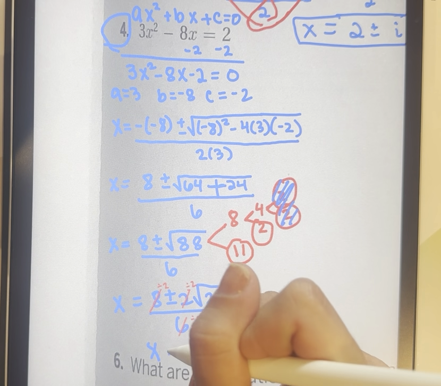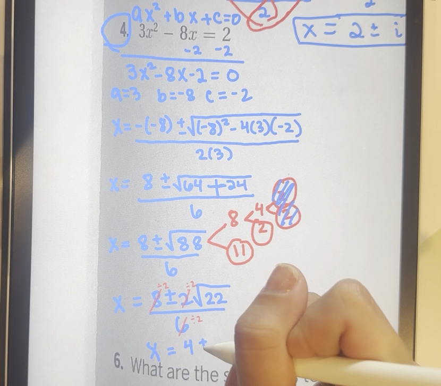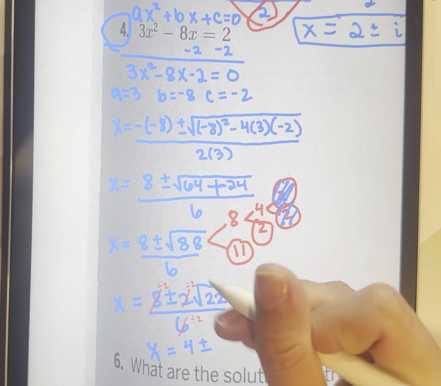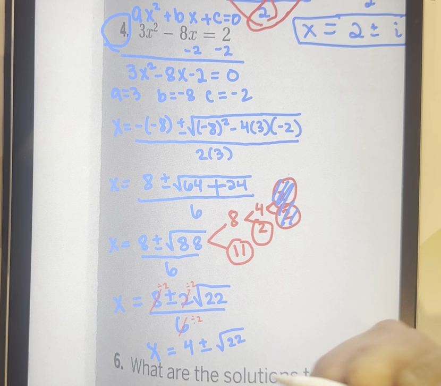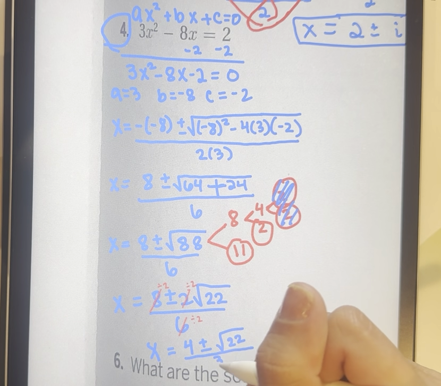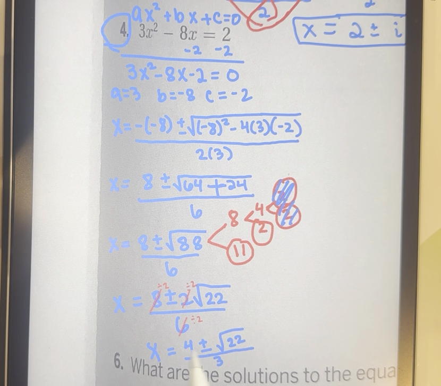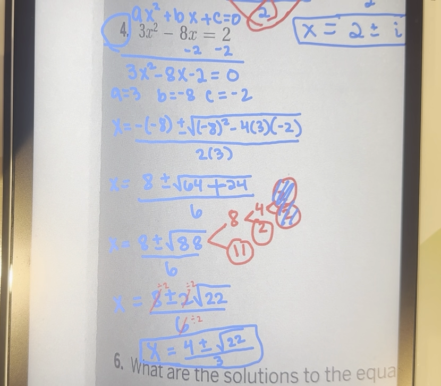So x equals 4 plus or minus root 22, all divided by 3. We don't need to write the 1. And again, you do not have to split this up. This doesn't have an i. It's only i that makes that complicated like that. We're done here. Okay?